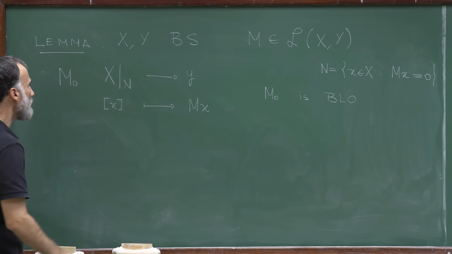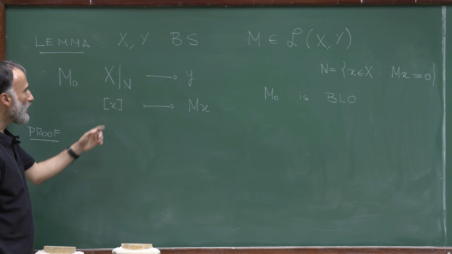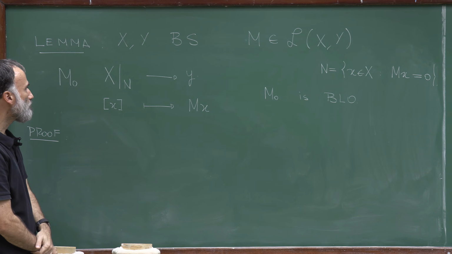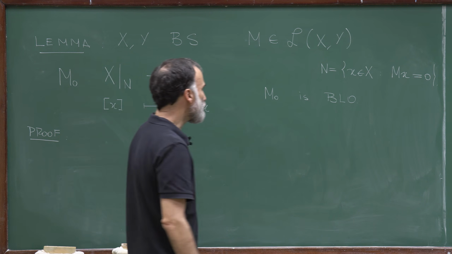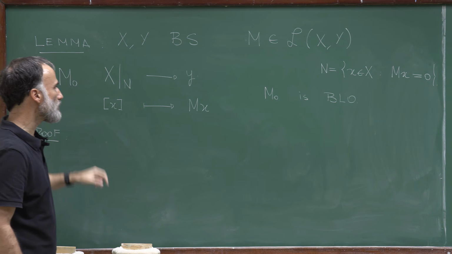So of course the proof consists in first showing that this is well defined, that it's linear, and then that it's bounded. In that proof, I will need to recall how we defined the norm in this space.